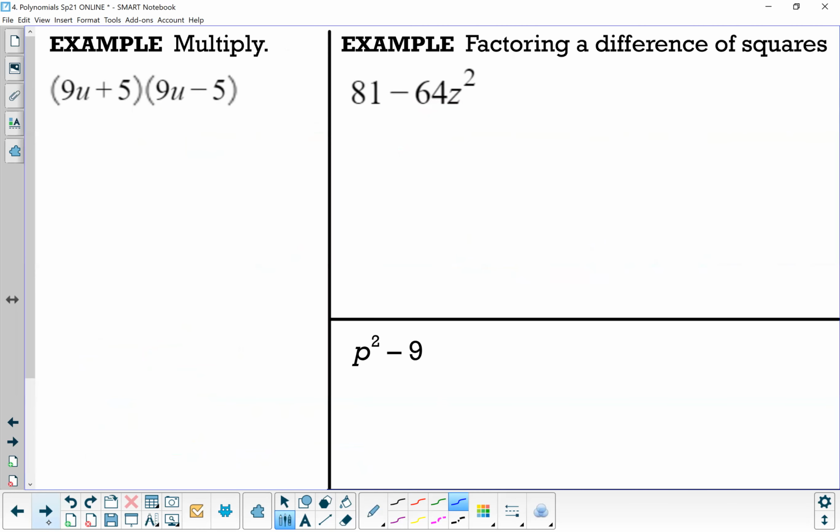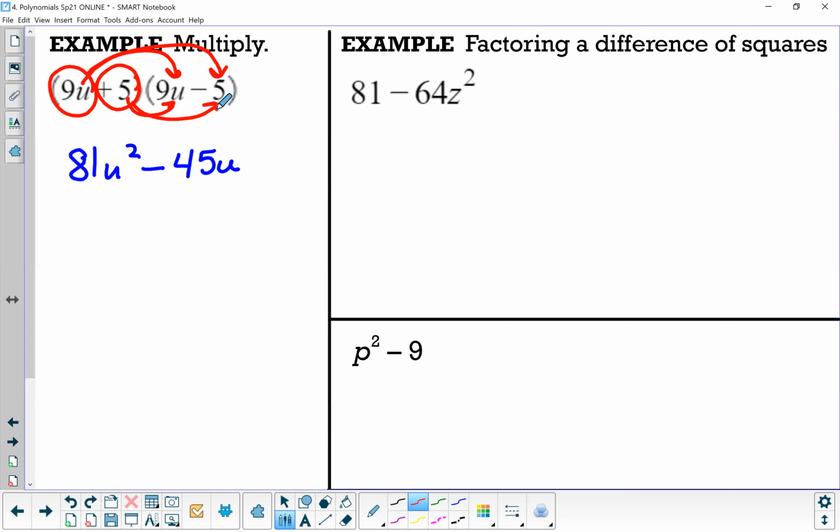Another pattern that we saw was when we multiply conjugates. So let's go ahead and multiply a conjugate to remind us what happens. 9u plus 5 multiplied to 9u minus 5. So distribute the 9u to the 9u minus 5. And that gives us 81u squared minus 45u. All right, now let's distribute the plus 5 to the 9u minus 5.